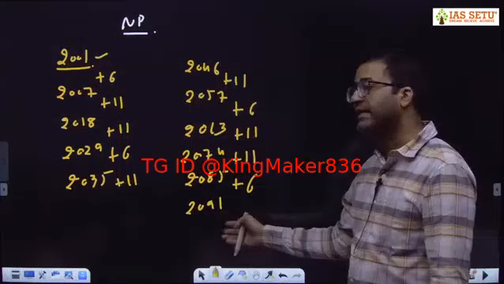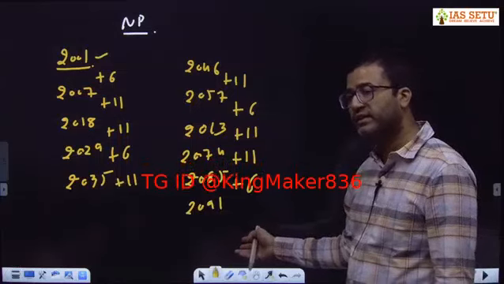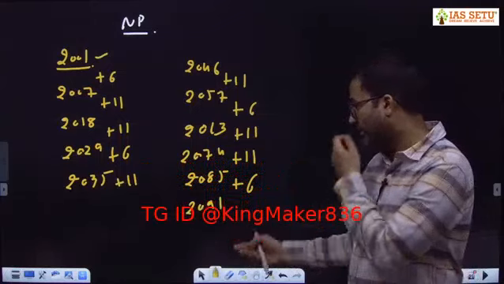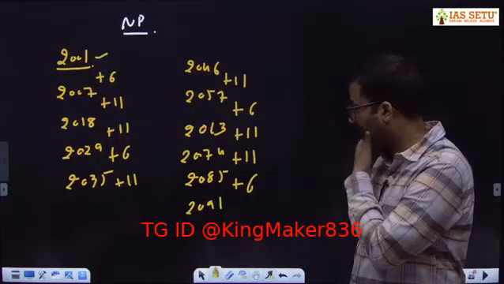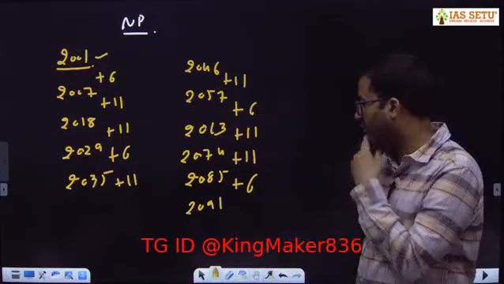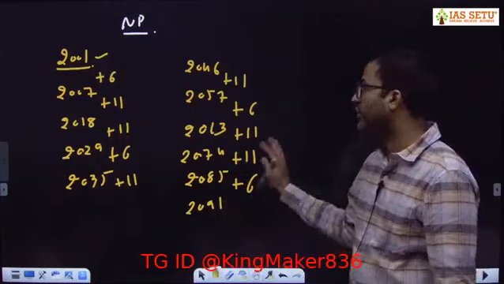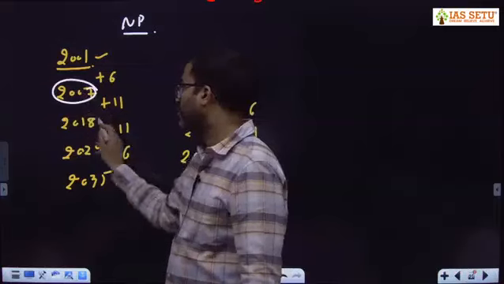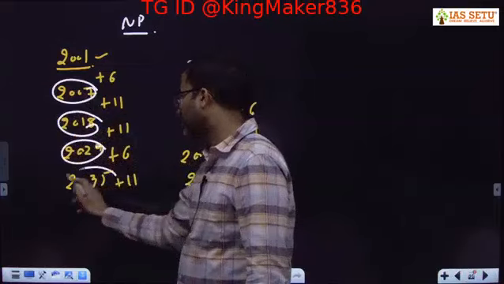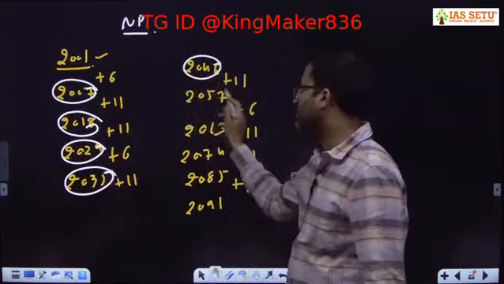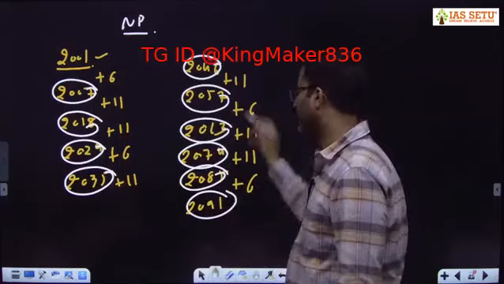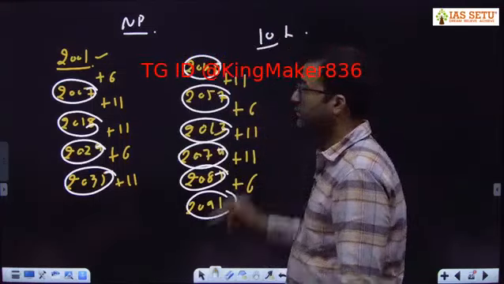Since 2091 would repeat after 11 years, there will be a change in century, so the catch here is that it will not repeat in 11 years but in 12 years, because a gap comes in between. So here, how many times will it repeat? 1 2 3 4 5 6 7 8 9 10 times.